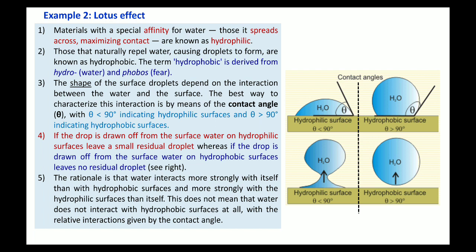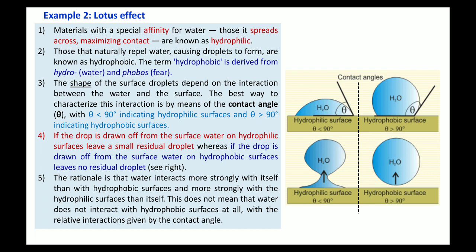The best way to characterize this interaction is by means of contact angle. We can quantify it with the help of a term called contact angle. If you know the contact angle for the surface, then you can decide whether it is hydrophilic or hydrophobic. So for that you should know the contact angle for the surface.